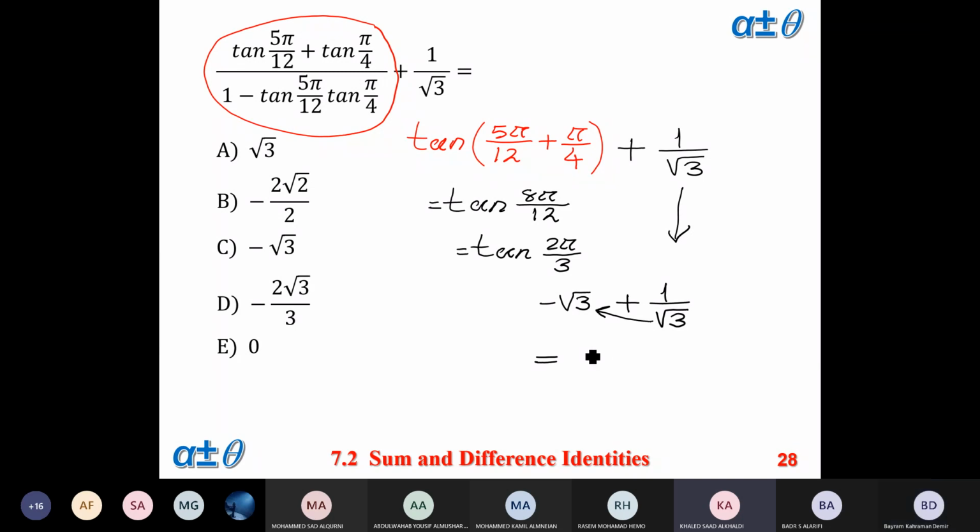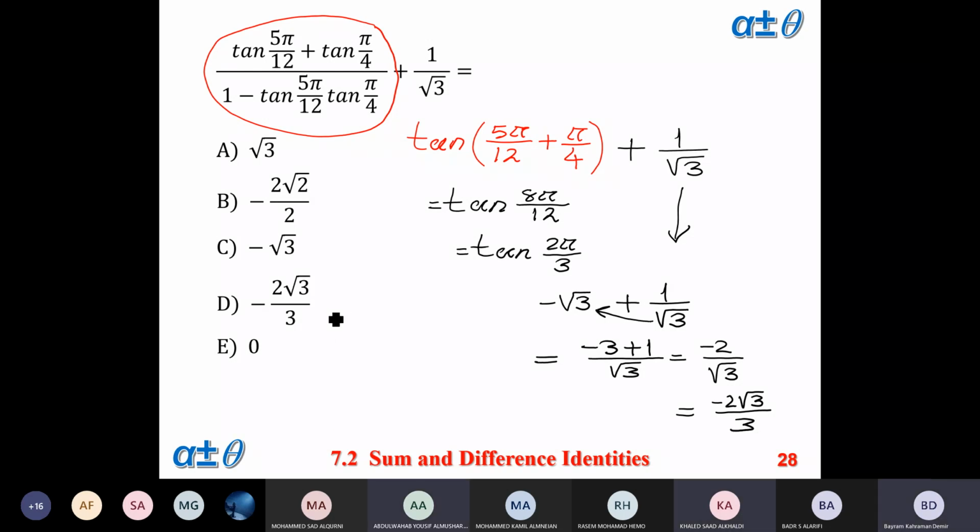I mean negative 3. So it will be negative 3 plus 1 over root of 3, over root of 3. And we rationalize the denominator: negative 2 over root 3, which is equal to negative 2 times root of 3 over 3. Exactly.